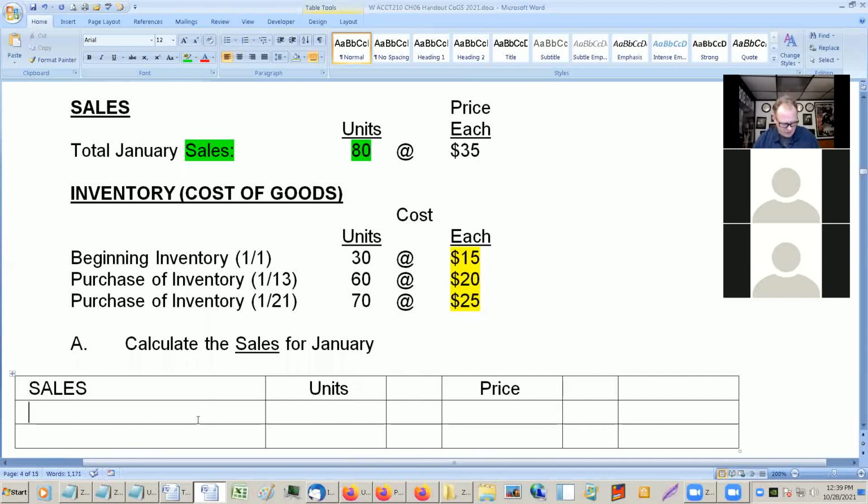Okay, so for January, sold 80 units. Selling price, $35 each. Let's give us the total sales.